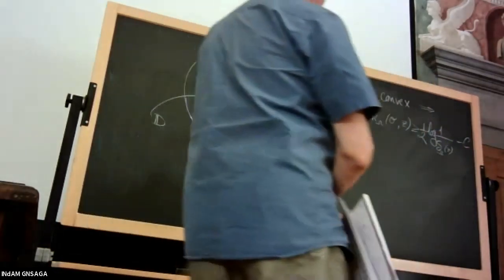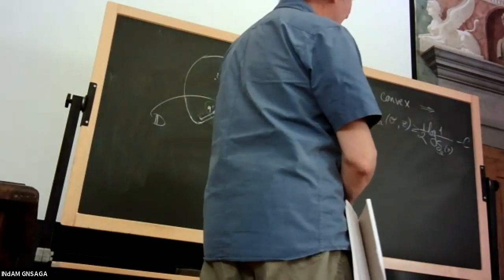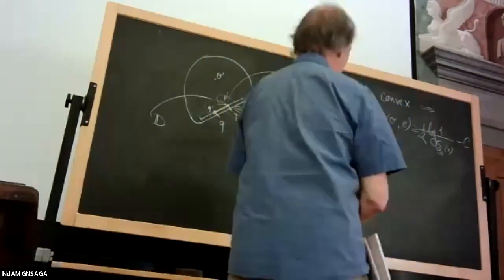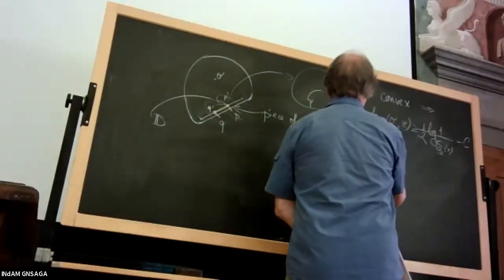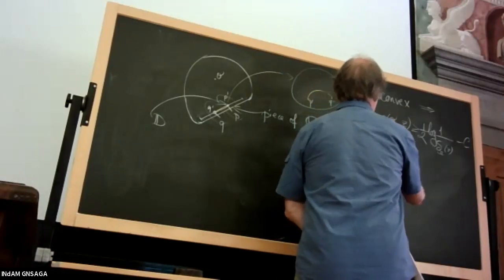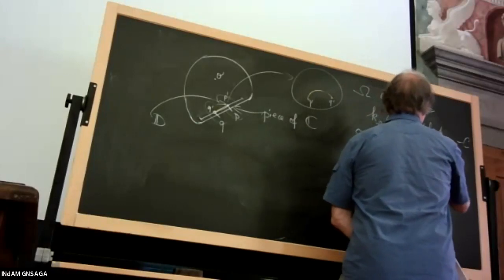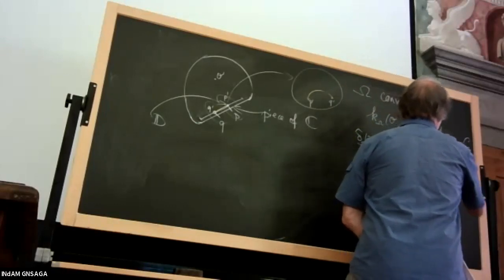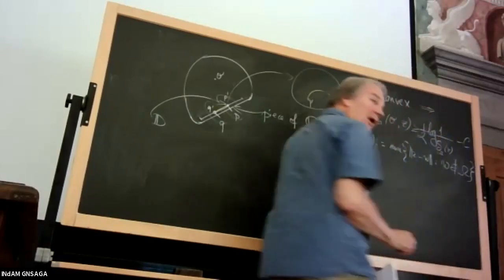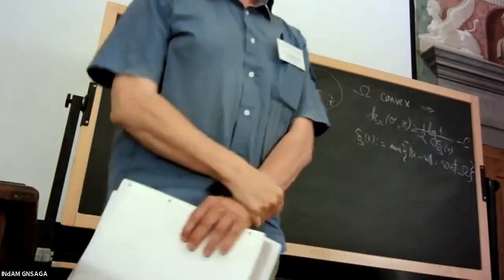It blows up near the boundary like 1/2 of the logarithm of 1 over this quantity, which is the Euclidean distance to the boundary.